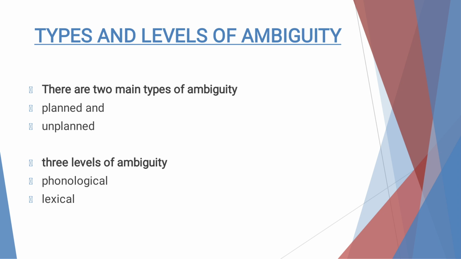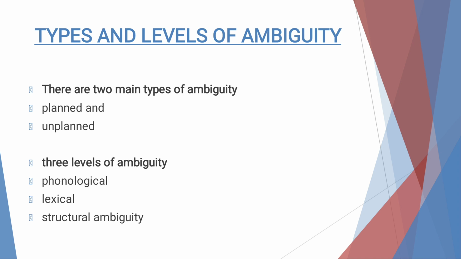So when you put words together, a combination of words will give you a sentence. So lexical ambiguity. Then we come to structural ambiguity. So we have 2 types of ambiguity and we have 3 levels of ambiguity.